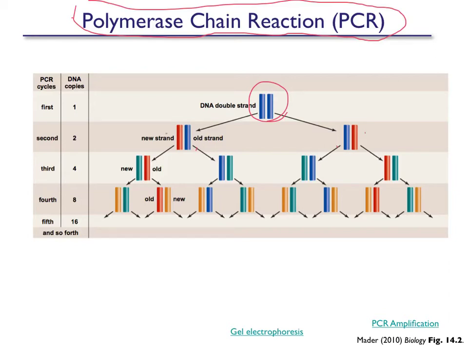From there, if you split those again and make new green strands, split them again and make new yellow strands, what you see is after a few cycles you have lots and lots of copies of a particular gene that you're interested in. The way that this differs from normal DNA replication is that we can target a specific gene that we're interested in, so we only replicate that gene and we don't replicate the rest of the DNA.